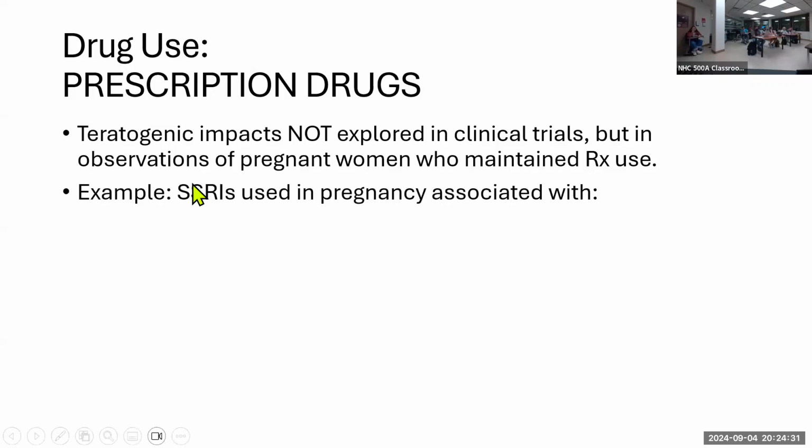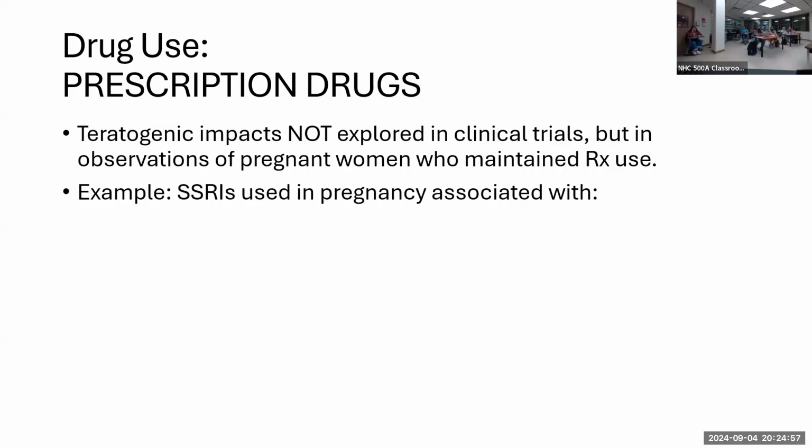So how can we find out if a prescription is harmful during pregnancy? We know the ill effects of depression on infant development and prenatal development. What if a woman is taking medication for depression? Then the doctors have to weigh which is going to be more harmful, the depression or the medication.